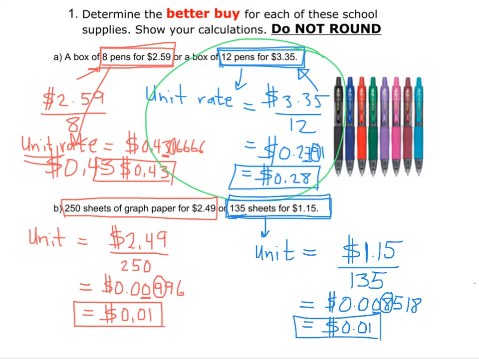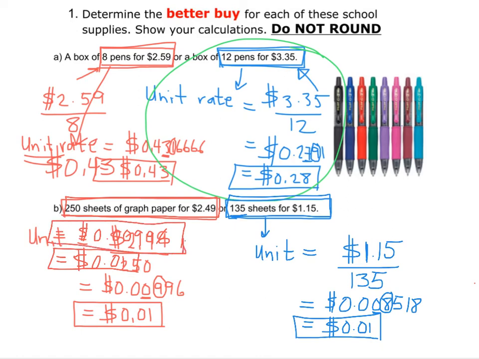So it looks like the 135 sheets are also a penny, but that's actually not true. Since we rounded both answers to a penny, it seems as if both are a penny, but we'd have to go a step backwards in this particular case to figure out which one's cheaper. This one has the unrounded number 0.00 and then there's a 9.